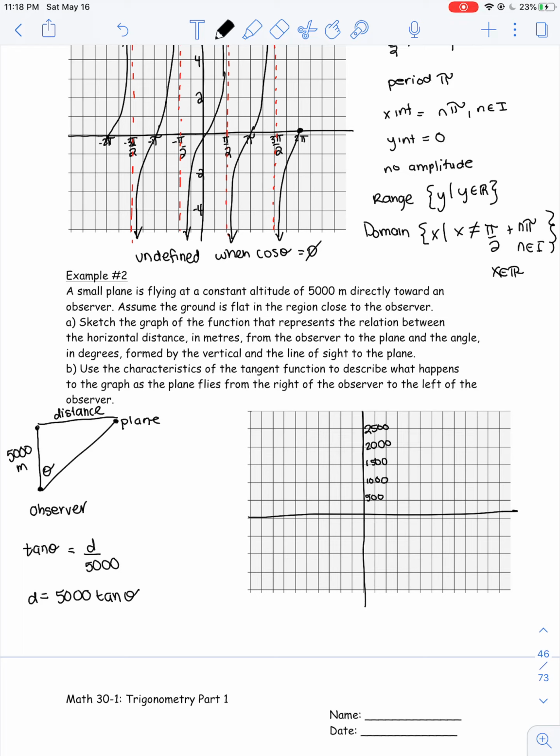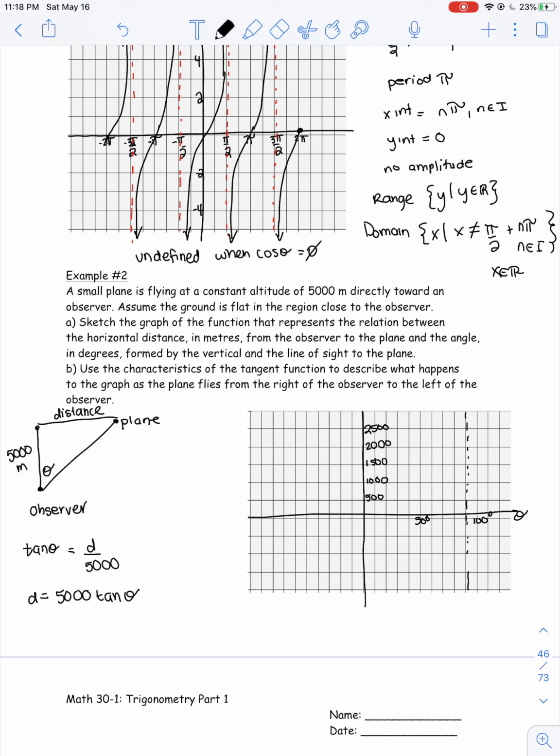And then we'll go up by 10s here. So 10, 20, 30, 40, 50, 60, 70, 80, 90, 100. So we're going to have this vertical asymptote right here because at 90 degrees, if this is theta, we're going to have a vertical asymptote there.